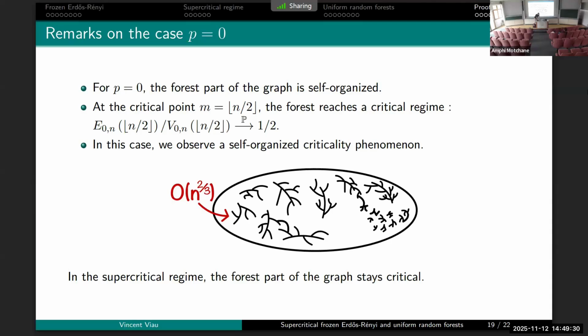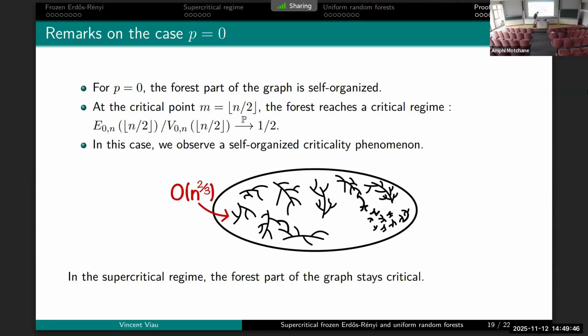Okay, and even if we have this self-organized criticality phenomenon, we believe that we can still get the fluid limit result for the number of frozen vertices, but by taking another way.